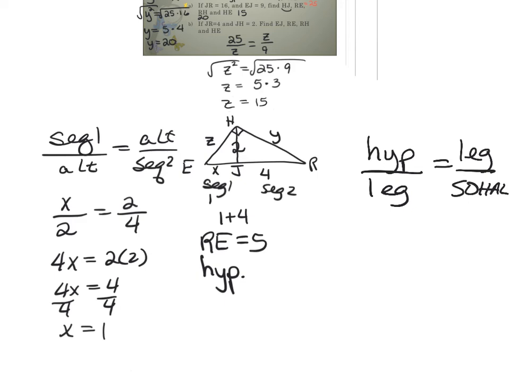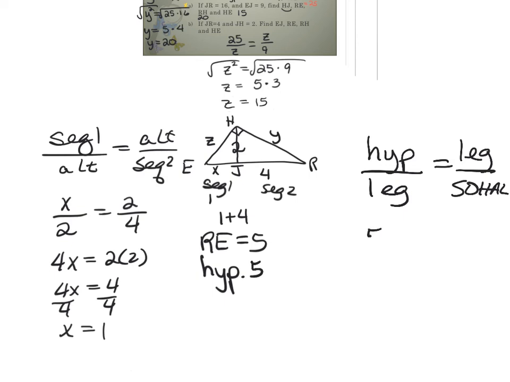Now to find the legs, you're using this formula. You're going to be using hypotenuse over leg, leg over segment. Remember, we have 2 legs to find. So I'm going to first find leg Z. So for leg Z, again, my hypotenuse, I just found it.